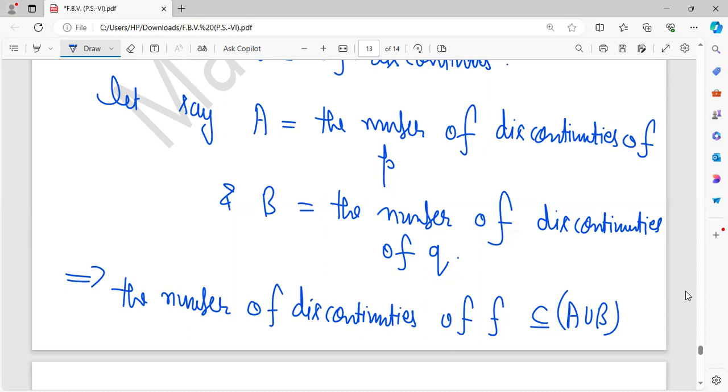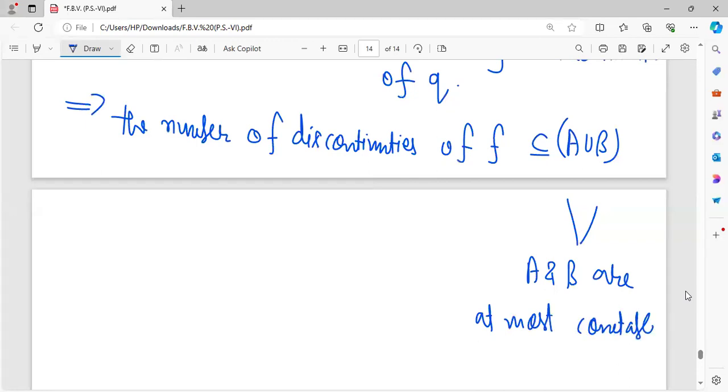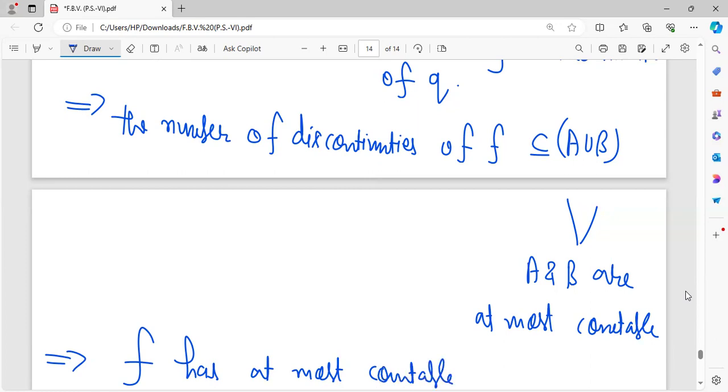It means discontinuities of f will not exceed the union of discontinuities of functions p and q. Okay, but A and B are countable, both A and B are countable, or at most countable. So this implies f has at most countable number of discontinuities.